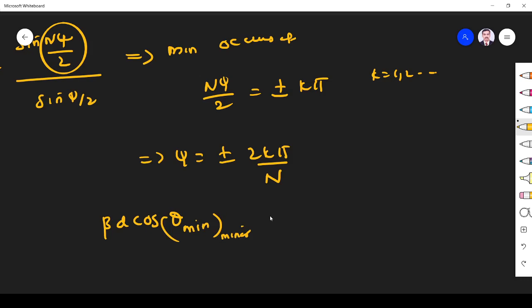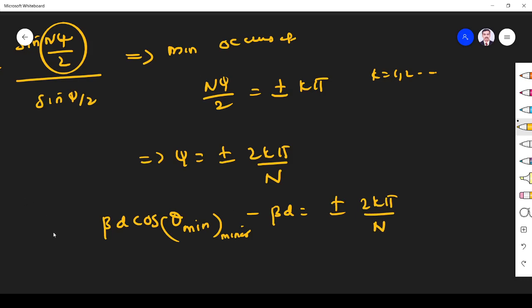Beta d cos theta plus alpha, where alpha is equal to minus beta d for the end-fire array. So beta d cos theta minus beta d is equal to plus or minus 2k pi by n.